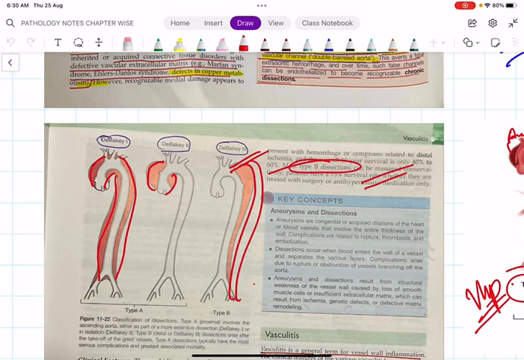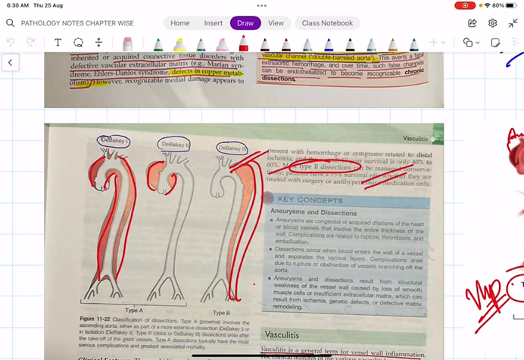In aortic dissection, here I will be asking a question: what is the pathology? I told you in aneurysm, the pathology is in the tunica media. Here comes the question in aortic dissection: what is the pathology? Is it the intimal pathology or medial pathology? The answer is intimal pathology, because it is this intimal tear which is responsible for the blood to leak, and this blood will re-enter back to form the double-barreled aorta.